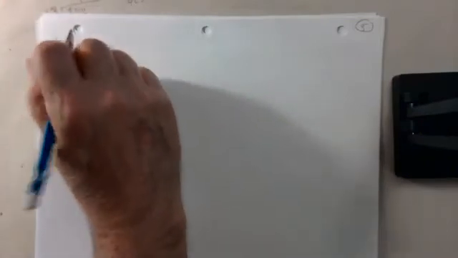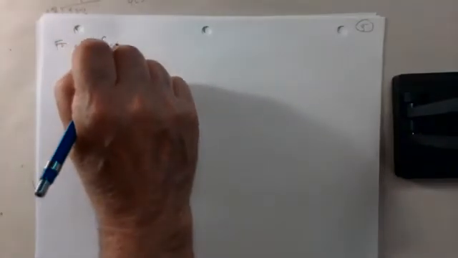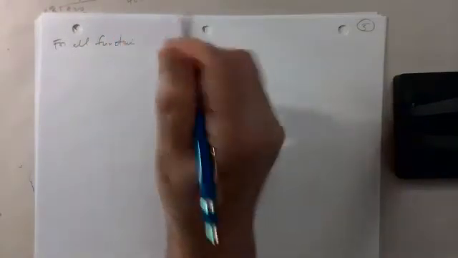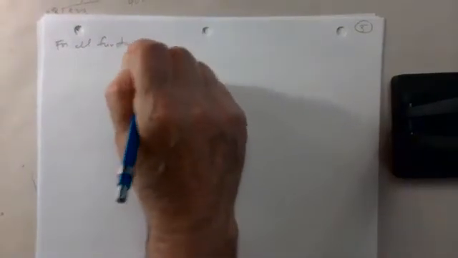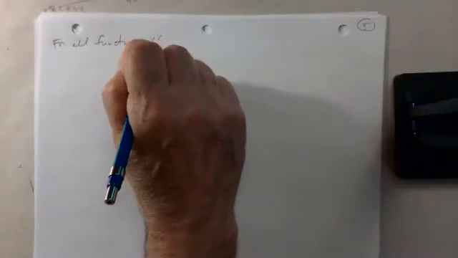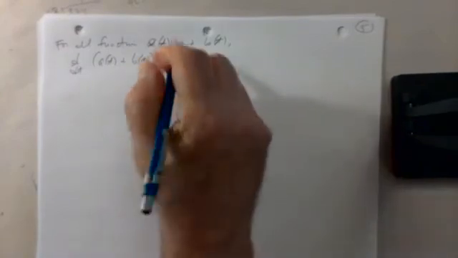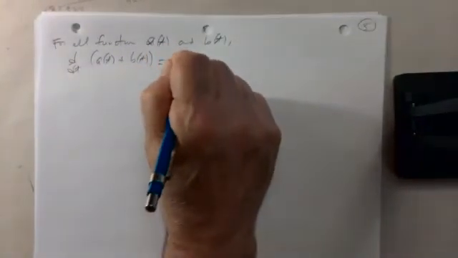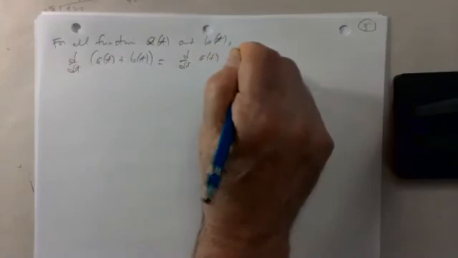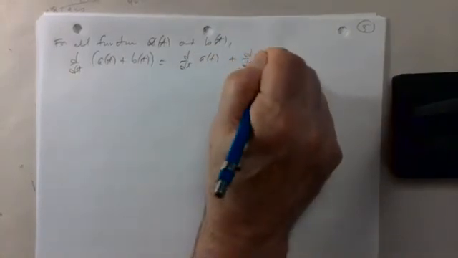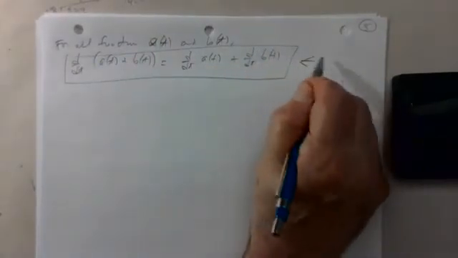So in calculus, for all functions, I'll call them a of t and b of t, you learn that the derivative of the sum of two functions is the sum of the derivatives. Right? This is calculus.